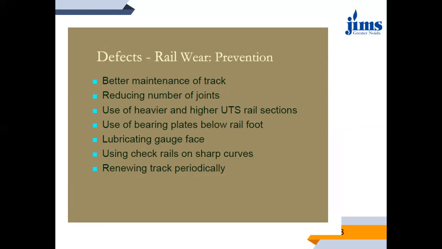Rail wear can also be prevented by lubricating the gauge face, so that it may not cause wearing of the rail gauge by more than 3 mm. Then check rails can be used on sharp curves so as to avoid rail wear. Then renewal of the track should be done periodically so that before the rail wear reaches the permissible limit, the rail could be used either at some other location or the wear could be avoided.